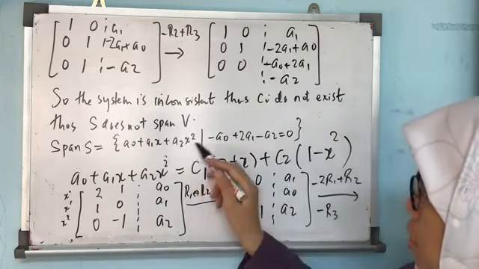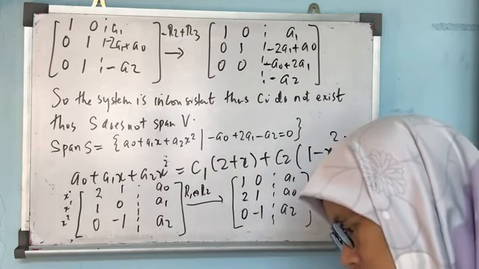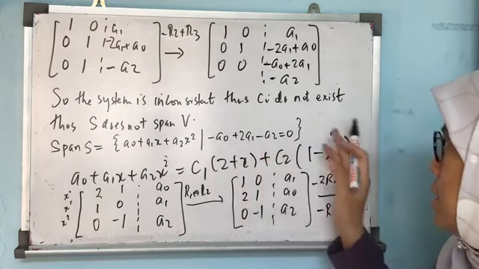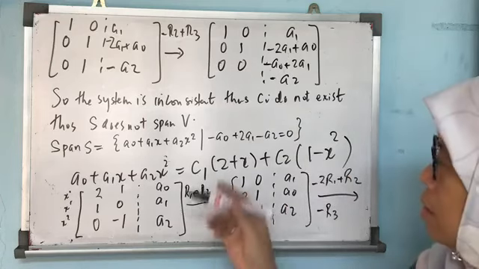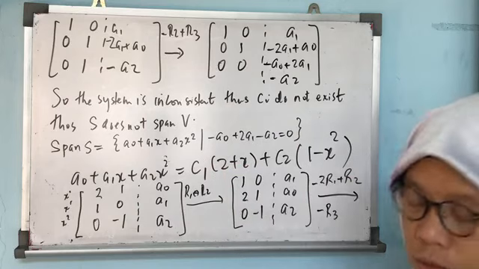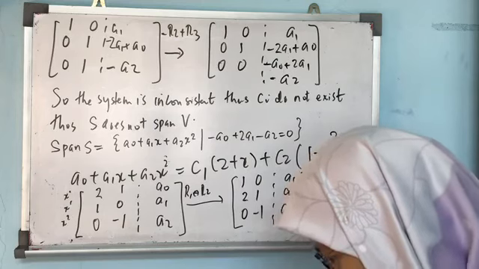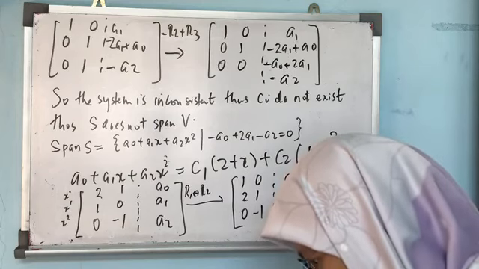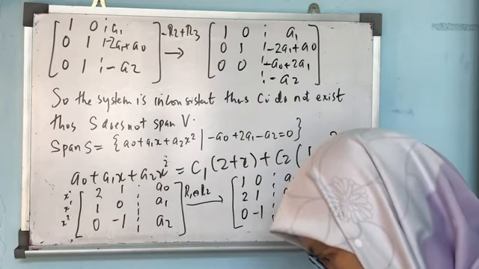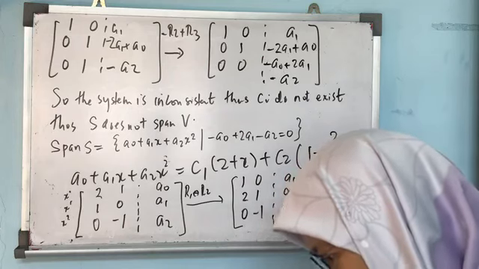In my notes, it's a little bit different because you bring everything to the right side, you get the same. You can do a0 minus 2a1 plus a2 equals 0. So that is the span. Okay, I will stop here.